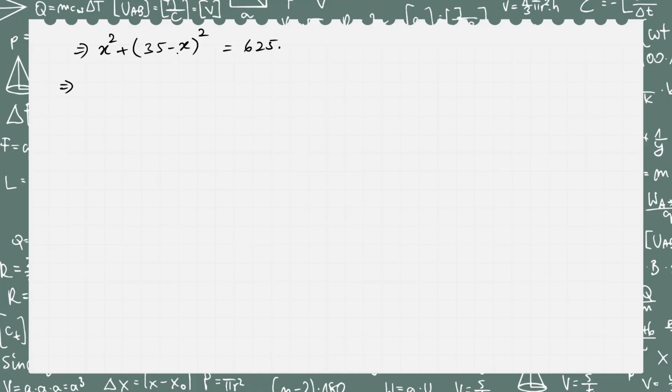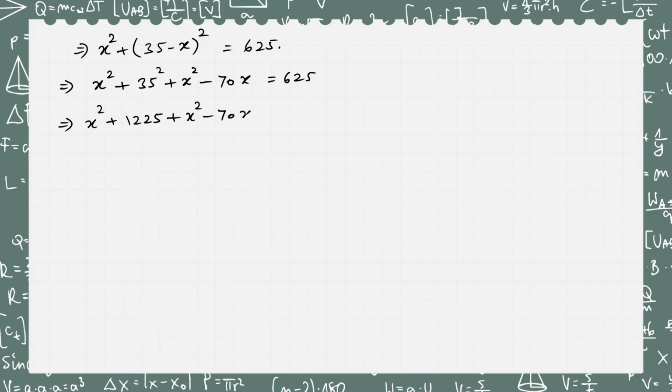Now we have to expand this 35 minus x whole square using identities. So we get x square plus 35 square plus x square minus 2 into 35 into x, which is 70x, equal to 625. That implies x square plus square of 35 is 1225, right? 1225 plus x square minus 70x equal to 625. Now these two like terms can be added.